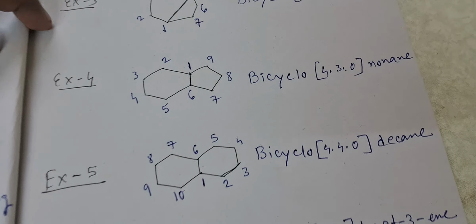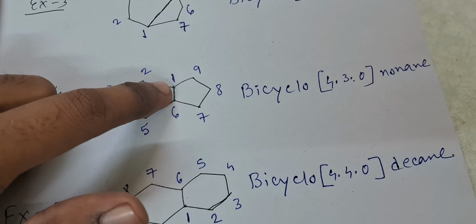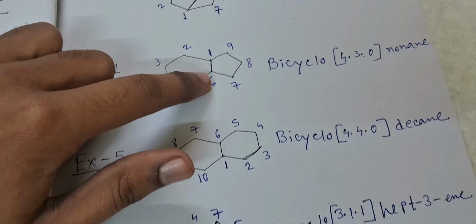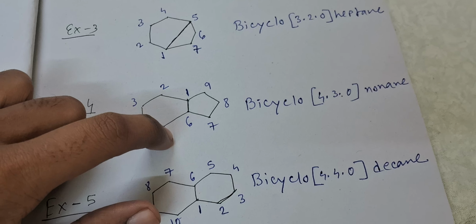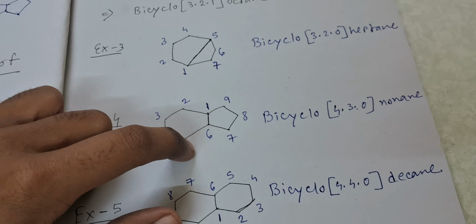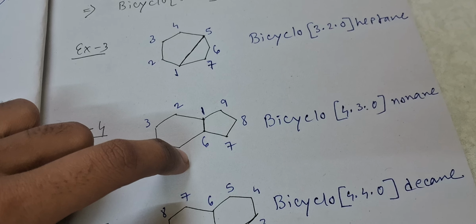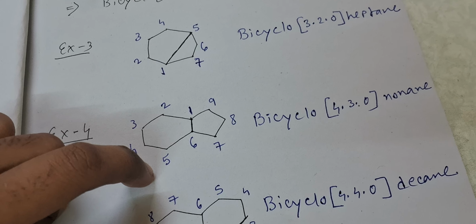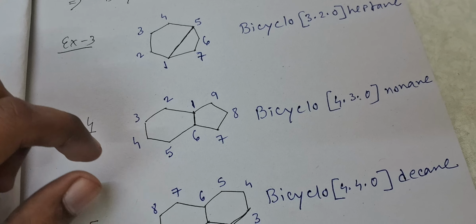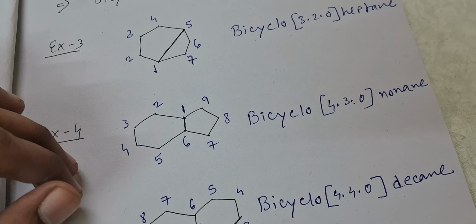Let's do another example. Here again 1 and 6 are two bridgehead centers. Always you need to distinguish the bridgehead carbon atoms. Whenever you do the nomenclature for any bicyclic compound, you need to distinguish the bridgehead centers and count the number of carbon atoms between these bridgehead centers on the left side, right side and top side.